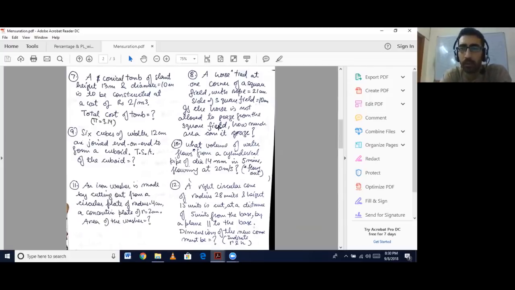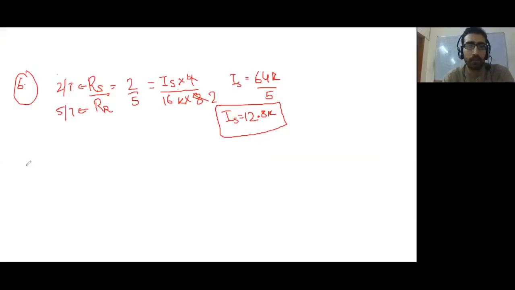Very simple question again. If a rope of 21 centimeter is tied, if you were to visualize this through a diagram, say I draw a square field. What were the dimensions?